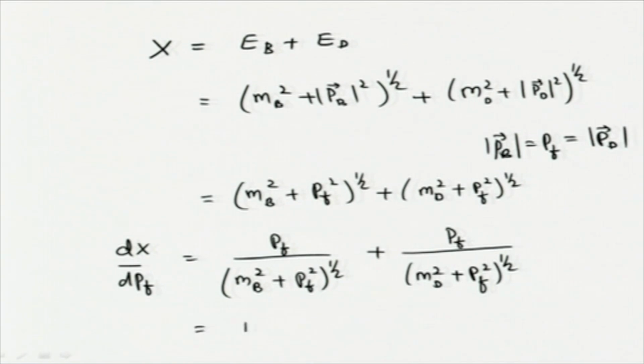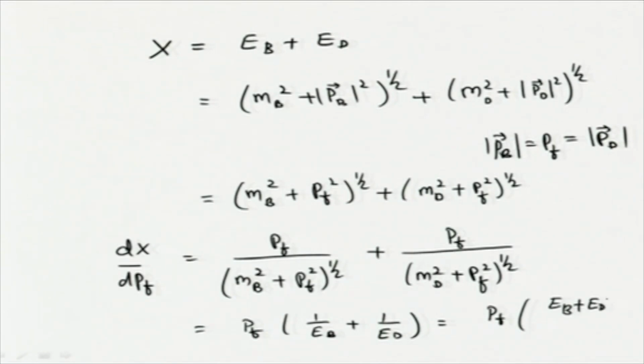So, this is essentially p_f times 1/E_b plus 1/E_d, which is equal to p_f into (E_b plus E_d) divided by E_b E_d.